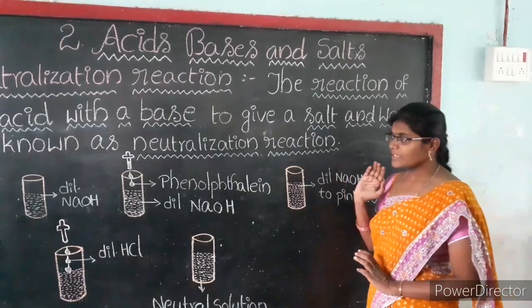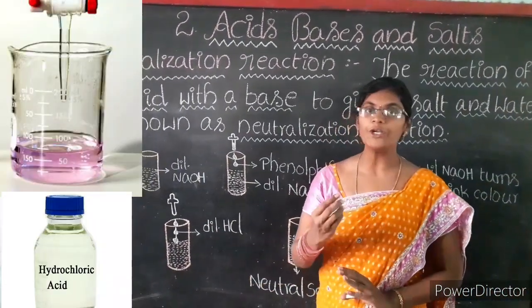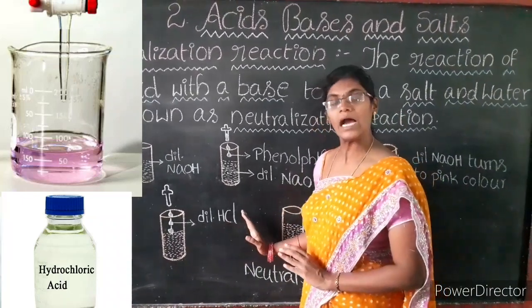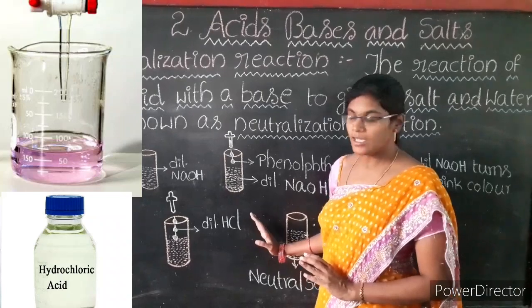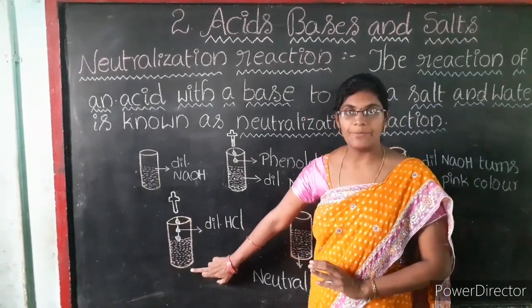Next, add a few drops of dilute HCl solution drop by drop to this NaOH solution. HCl means hydrochloric acid. Add this hydrochloric acid to the NaOH solution.